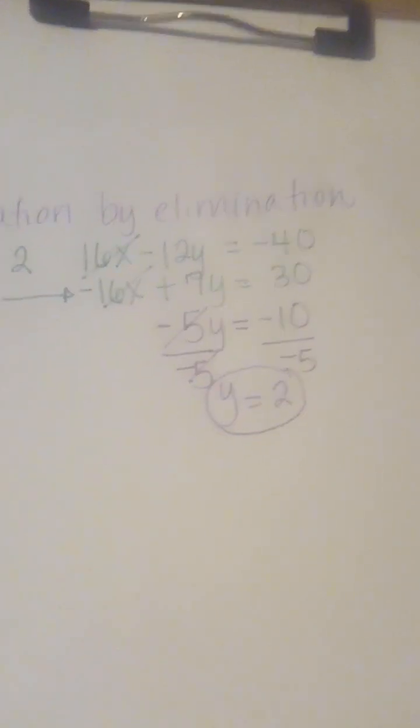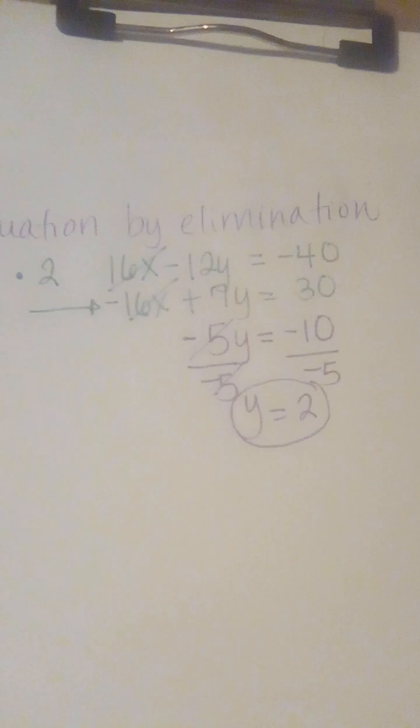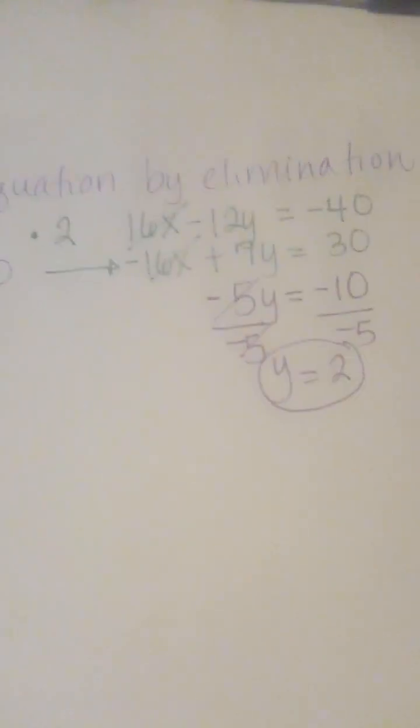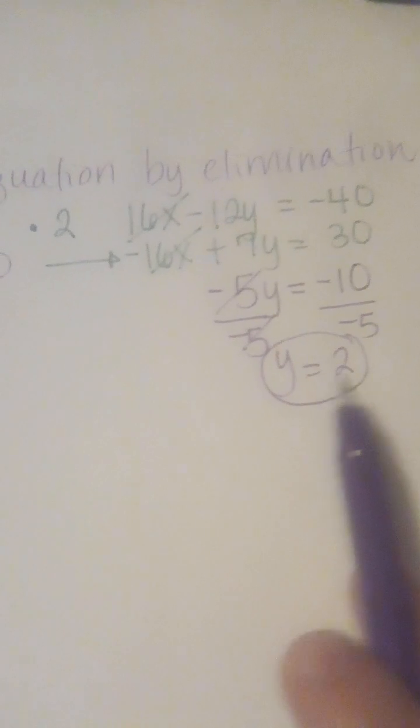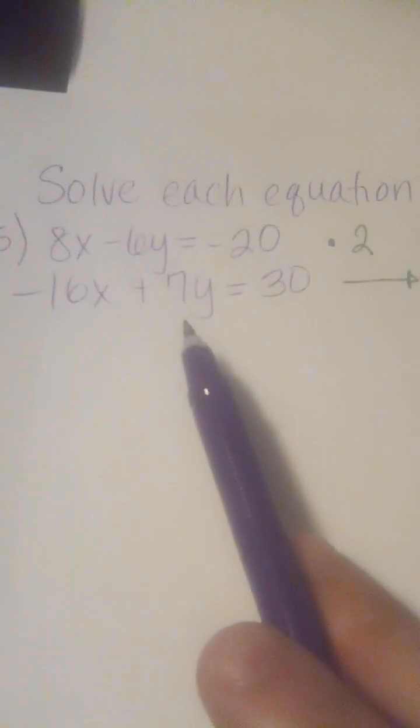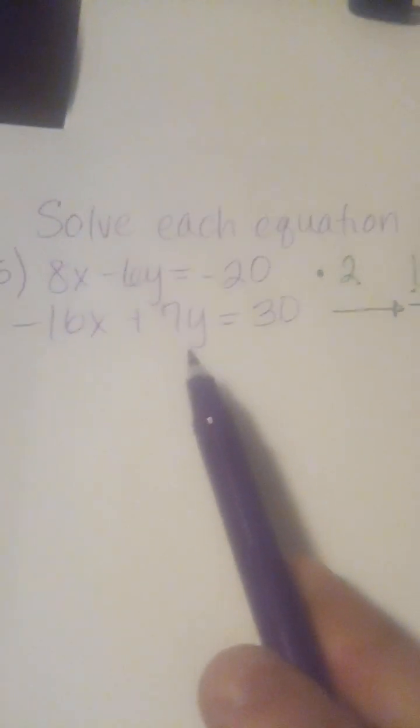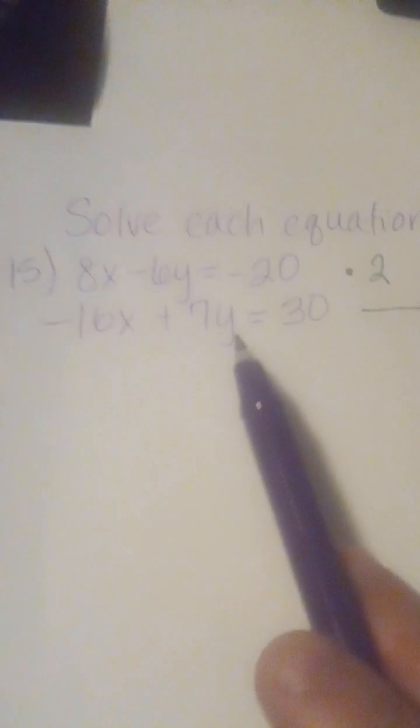Any questions so far on how I determine the x's, the get rid of the x's part? Okay, very good. Then the next part, we could substitute for the y in either of the 2 equations. Would you prefer the top or the bottom equation? I'm going to do the top, actually. It's going to be a lot easier.